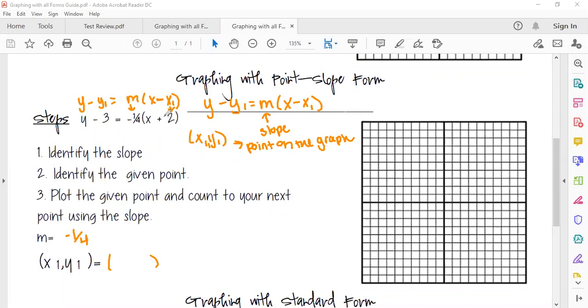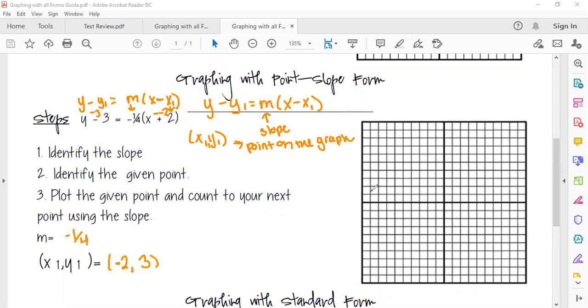So when I see a plus, that means x1 is a negative. So actually x1 is negative 2. With this formula, you have to take the opposite of whatever sign you see. y1 looks like it's a negative 3, but it is actually a positive 3, because I plugged it in and got minus 3. If it had been a negative 3, it would have become positive.